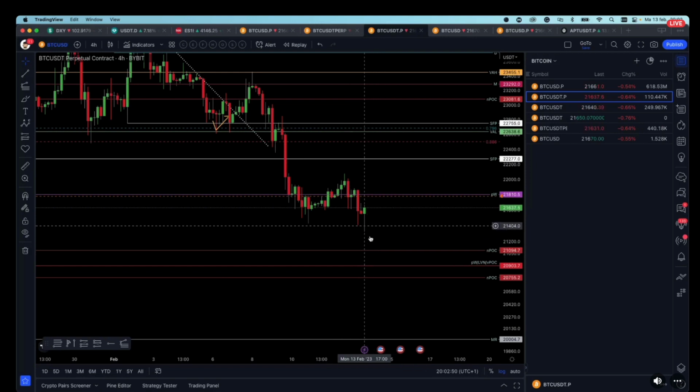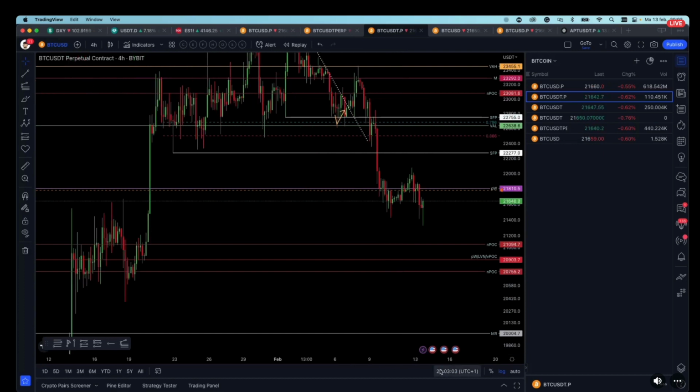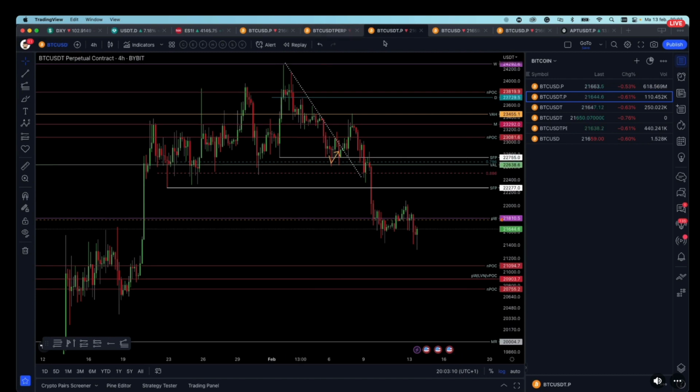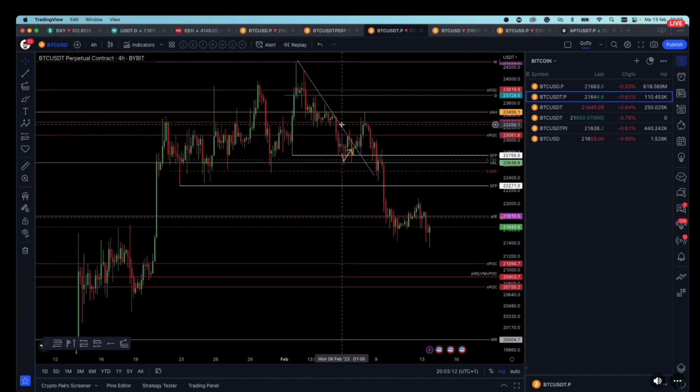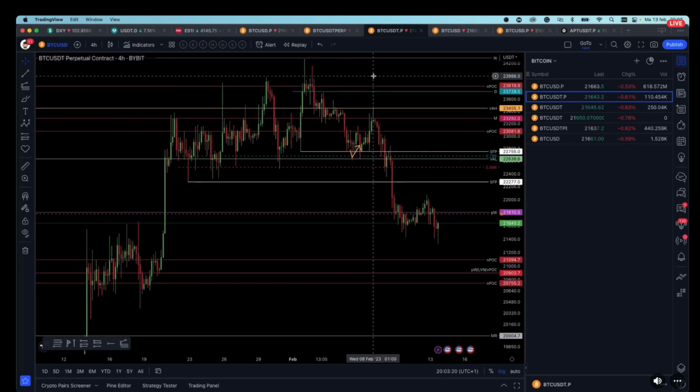It is different on the USDT pair compared to the BTC USDT pair. You can see it's 640, 660, and sometimes it's a big difference. So I use the USDT pair just for normal trading and charting, and to look for my stop loss, I look at the BTC USDT Bybit chart.